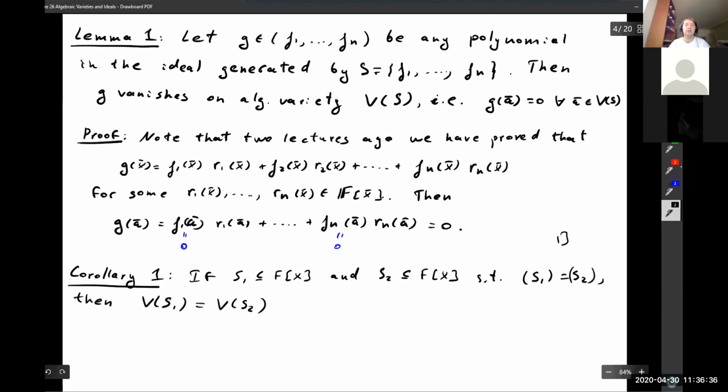So the sets of all common zeros of polynomials in S1 and S2 coincide.